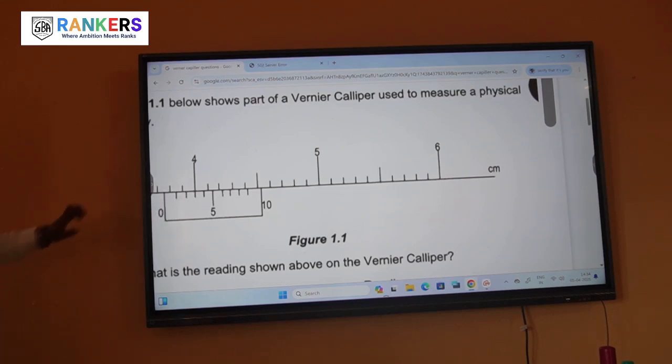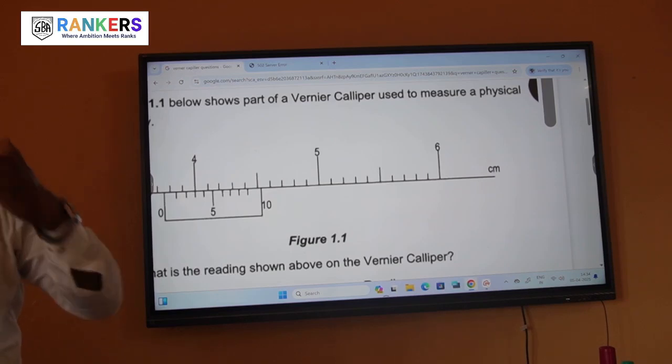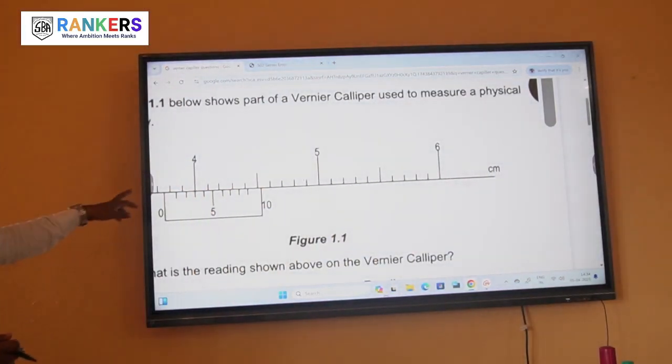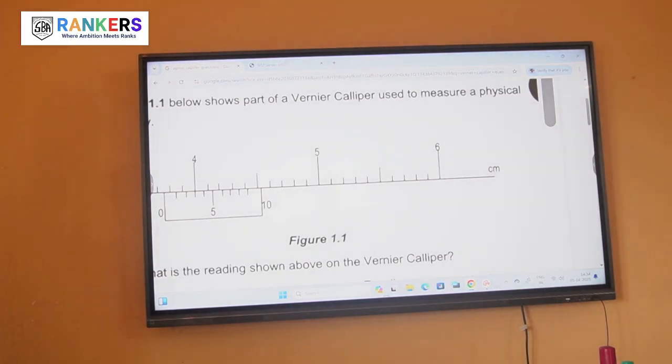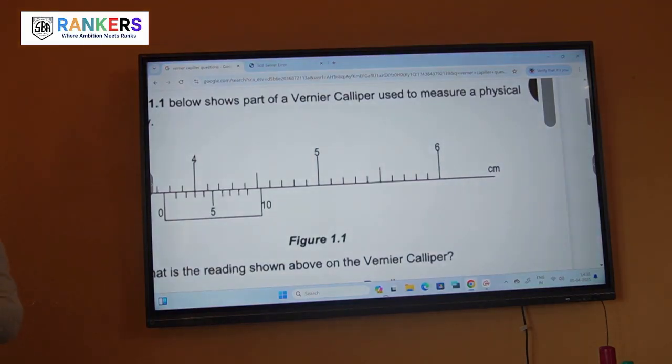Then this 0 of the Vernier scale comes in between these two lines. Then we accept the previous one. If it is in this situation, then always you take the previous reading. Don't follow the second one. You follow the previous one. Then your main scale reading. You get the format now, D equal to MSR plus VSR into V.C.